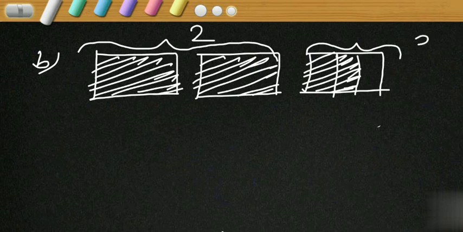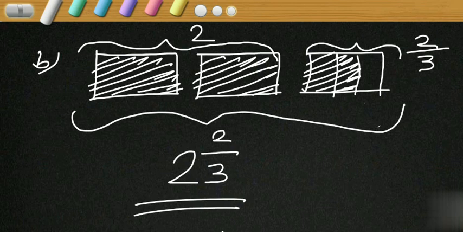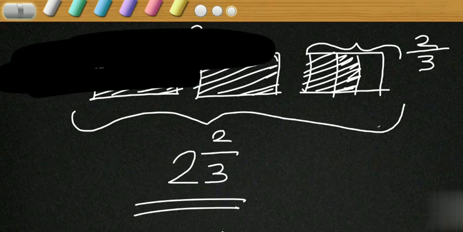Yes, out of 3, 2 are shaded, means 2 by 3, isn't it? So what is the fraction corresponding to the entire shaded portion? 2 whole parts are there and 2 by 3 fraction. So 2 by 3. This is the fraction of this shaded portion, isn't it?